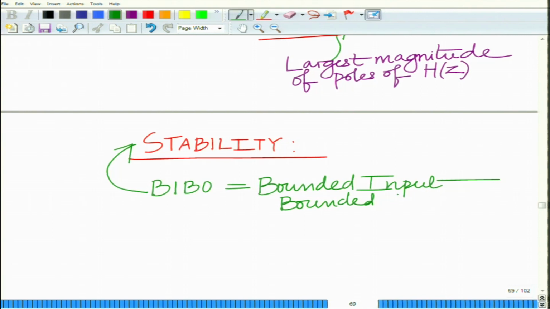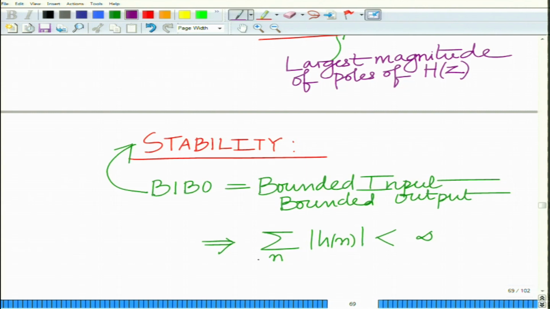For BIBO stability, we require the summation over all n, that is n ranging from minus infinity to infinity, of the magnitude of h[n] must be less than infinity, that is this quantity must be a finite quantity, it cannot be an infinite quantity.